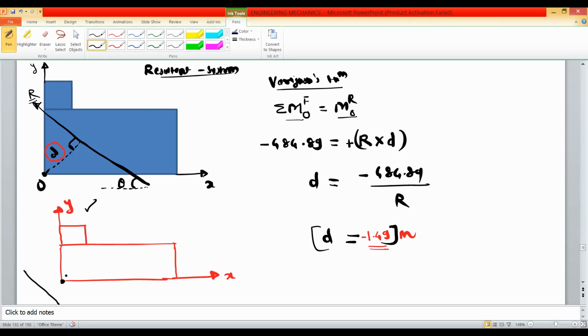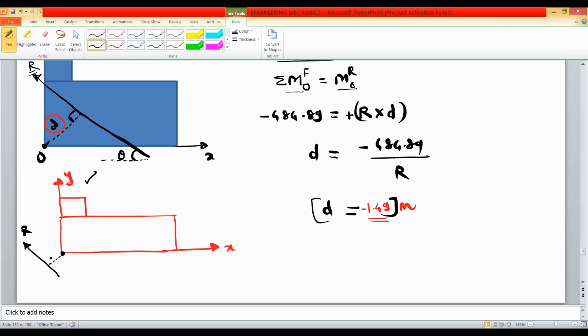This is R. This is the perpendicular distance. So this is D, which is equal to 1.49. And this is the angle of the resultant, that is theta. Okay. So now this system is the resultant system.